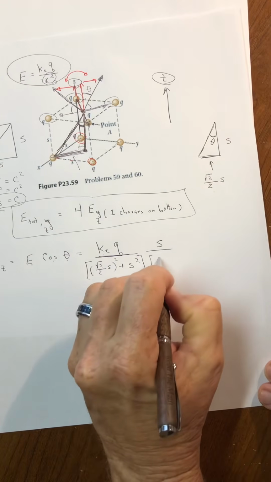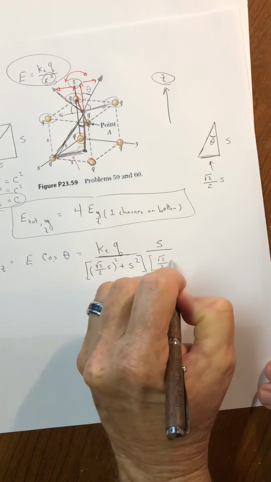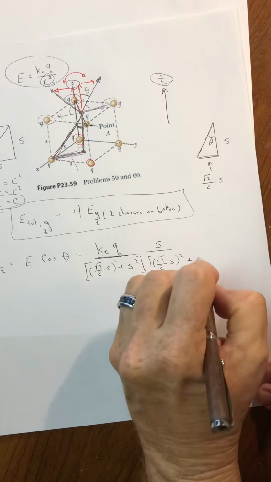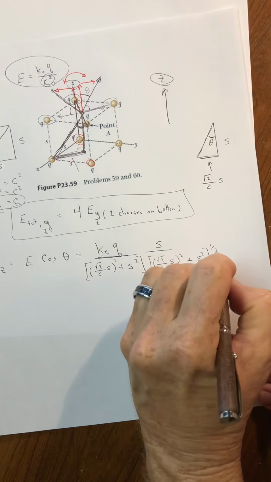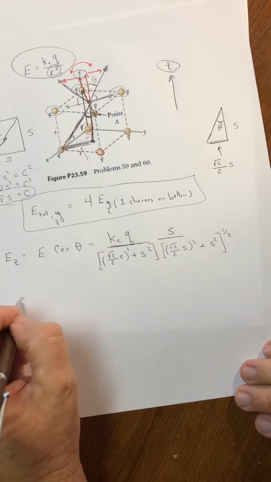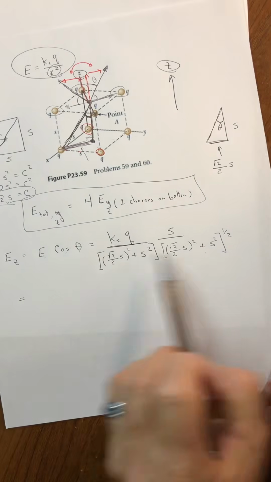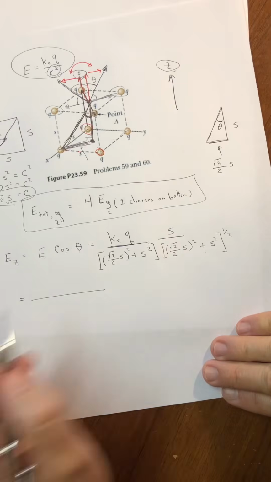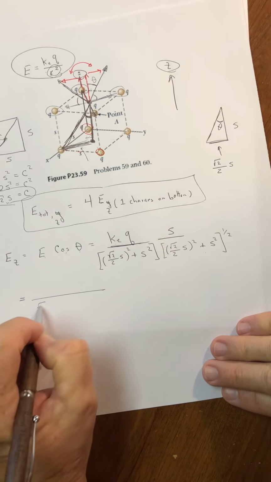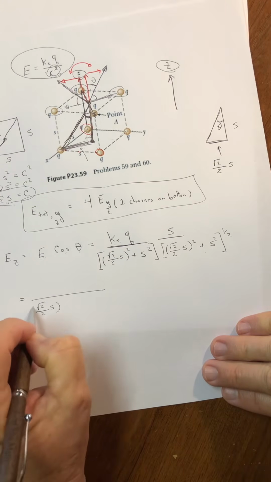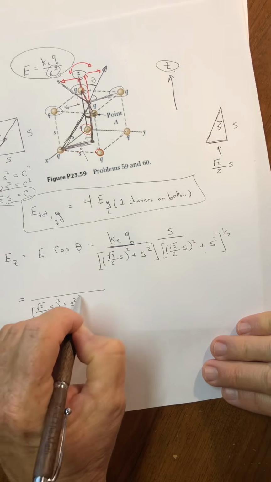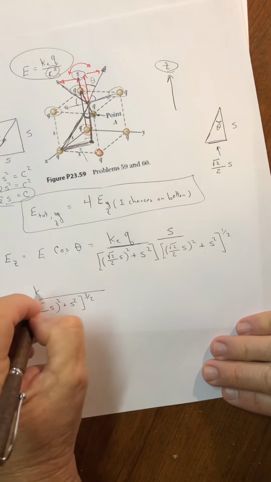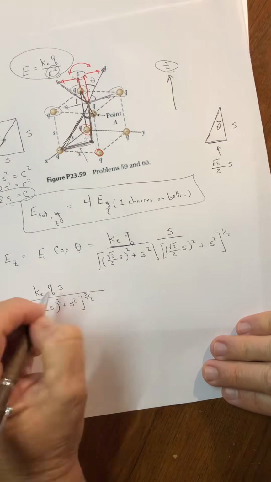So it would be another square root of 2 over 2 S squared plus S squared to the 1/2 power. So that's the r. Remember, this one is r squared. And so we could even put those together. So this would be square root of 2 over 2 S squared plus S squared to the 3/2 power. And then in the numerator, we would have Coulomb's constant, Q, and S.